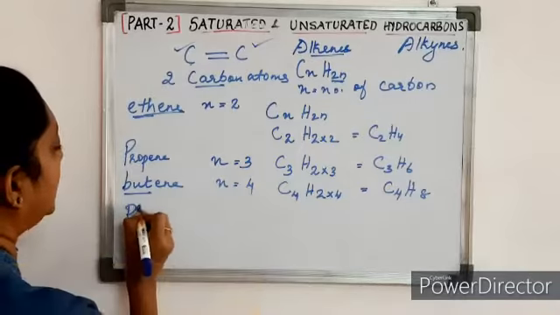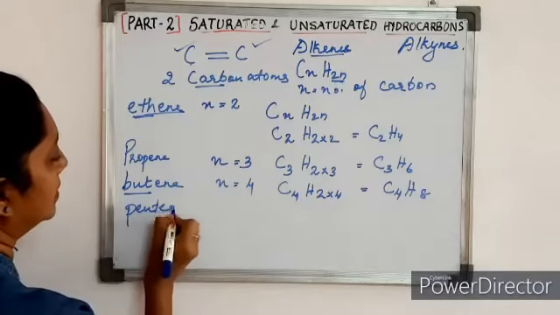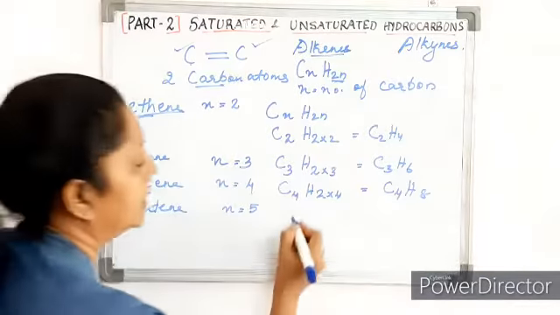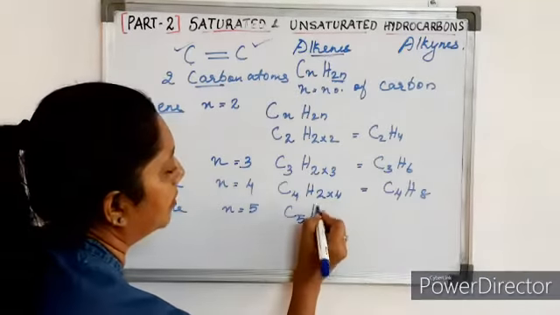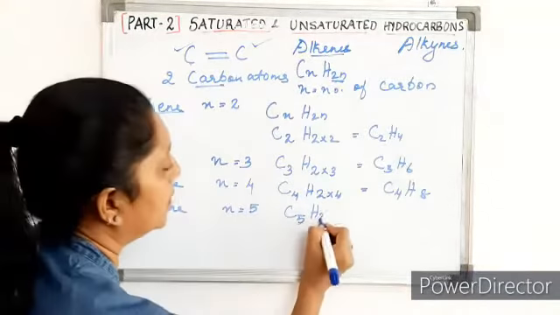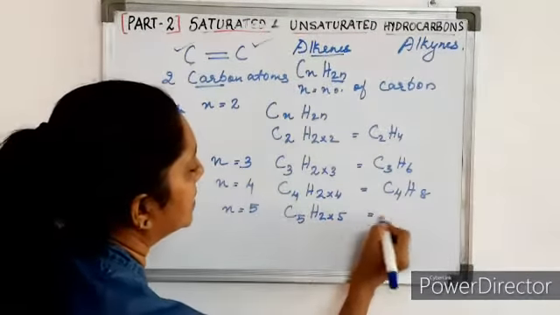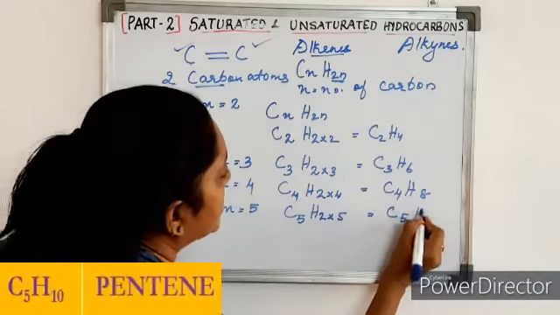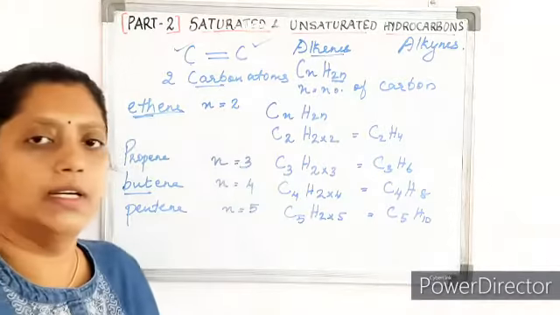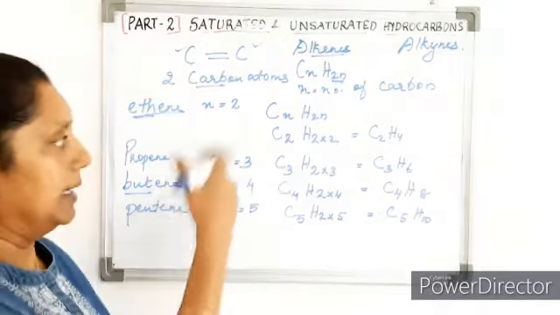And for pentene, value of n is 5, that is C5. Number of hydrogen atoms is twice the number of carbon atoms, 2 into 5, that is C5H10. In this way, we can find the formula for every member of alkenes.